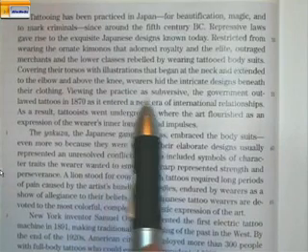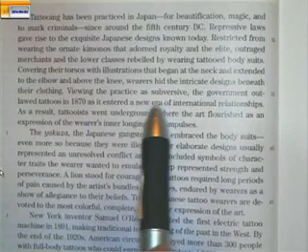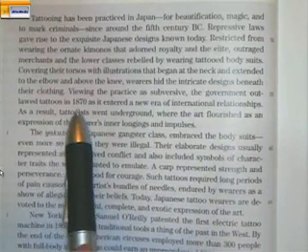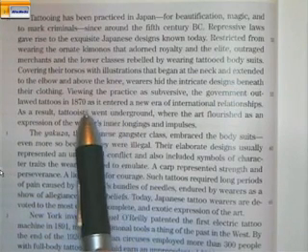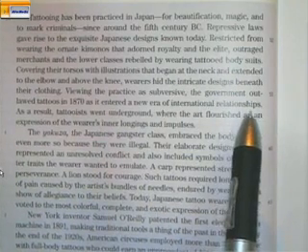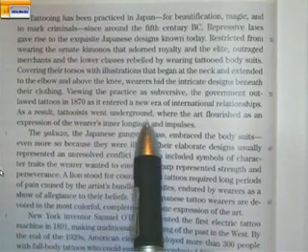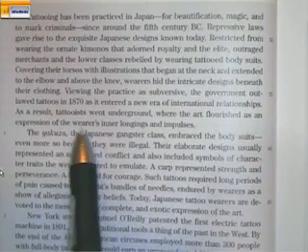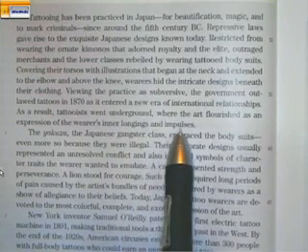Viewing the practice as subversive, the government outlawed tattoos in 1870 as it entered a new era of international relationships. As a result, tattooists went underground, where the art flourished as an expression of the wearer's inner longings and impulses.